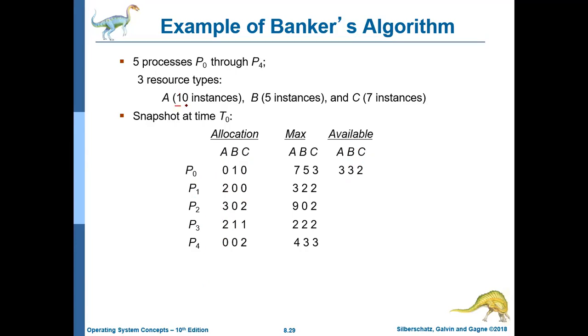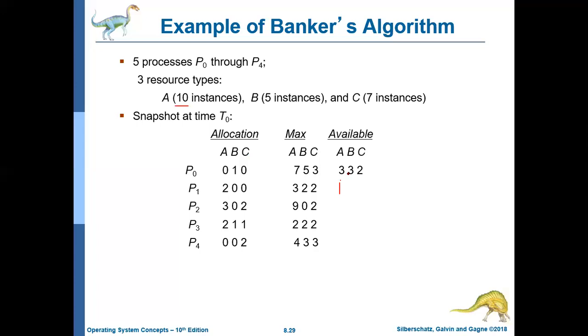Total A's were 10, so we have 3 remaining. So in this way we can calculate the available values, available matrix.